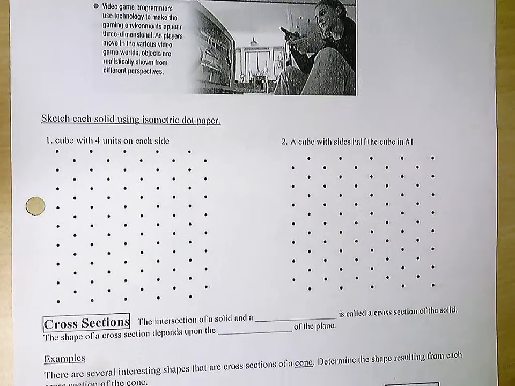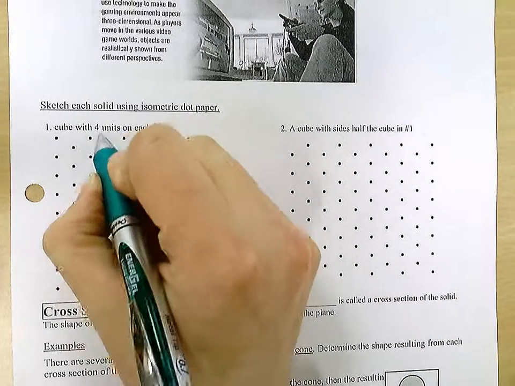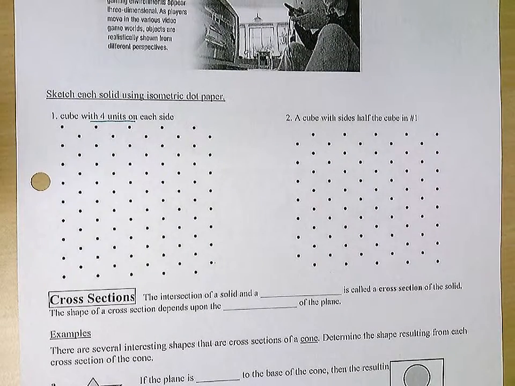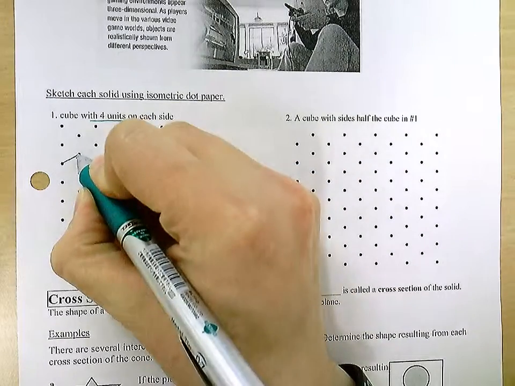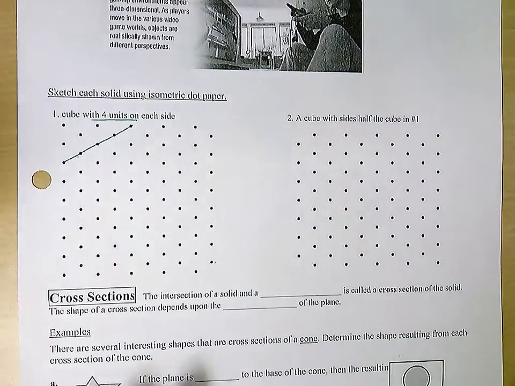So in the two examples below here with the dot paper, we are going to create these three-dimensional shapes. So number one, we want to create a cube with 4 units on each side. That means each length has to be 4 units. So if I start off this way, I have 1 unit here, 2, 3, 4.